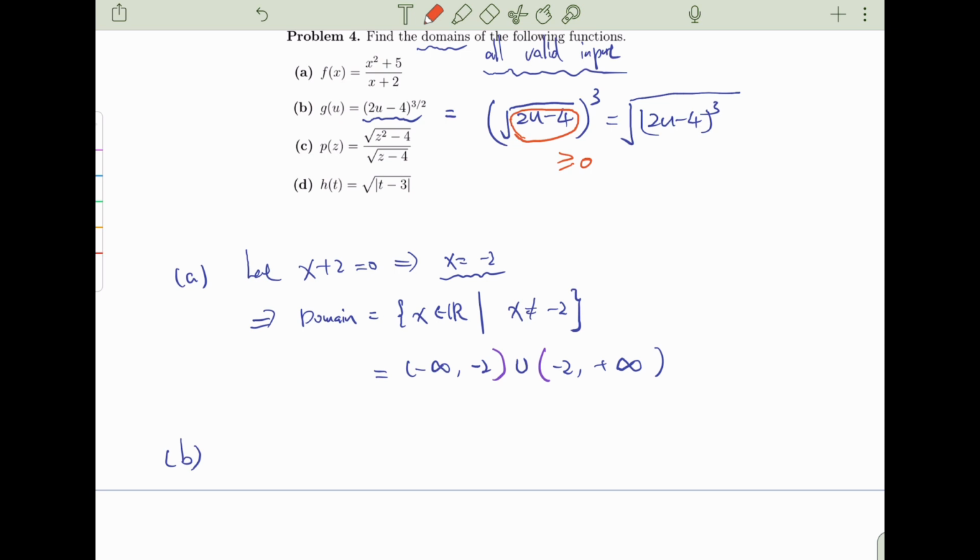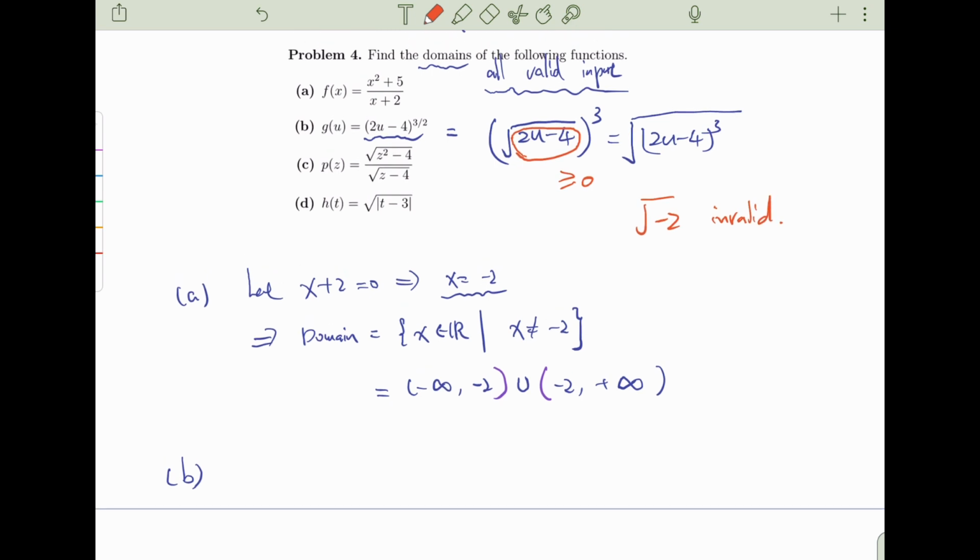Otherwise, you're going to get an invalid input. For example, the square root of -2 is not making any sense. You want to avoid those situations.